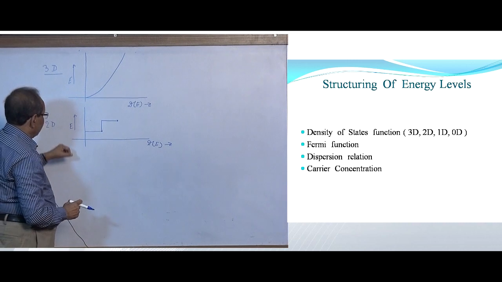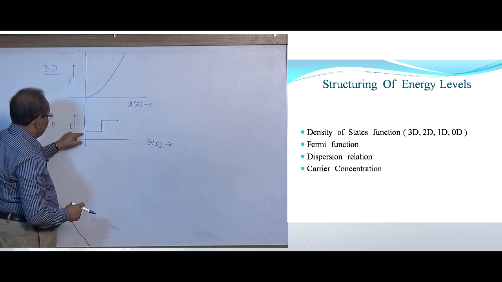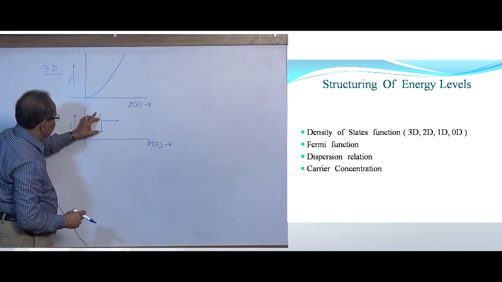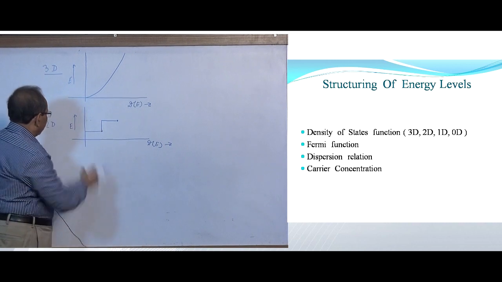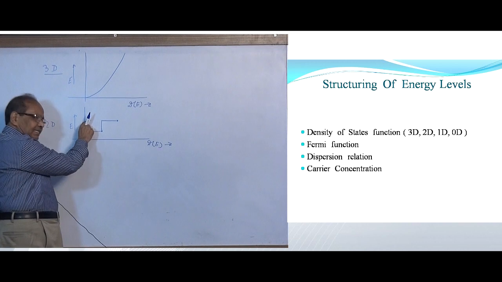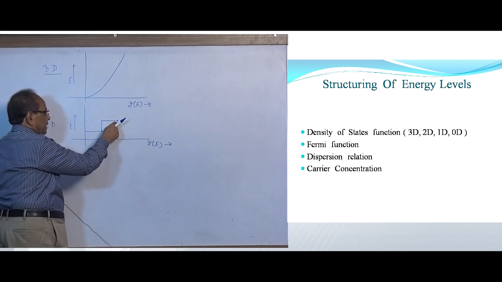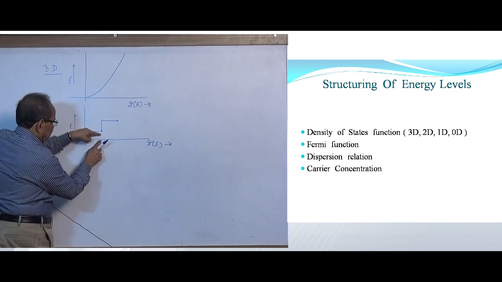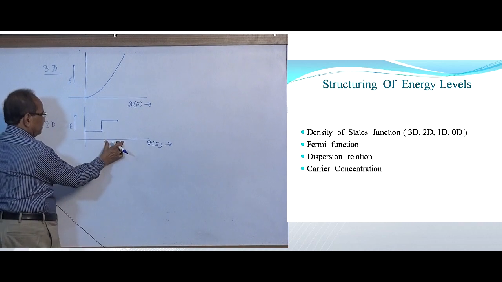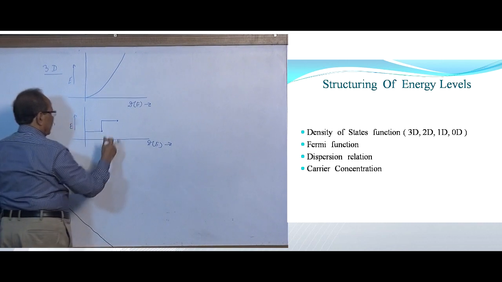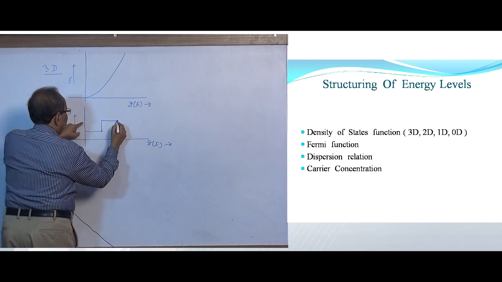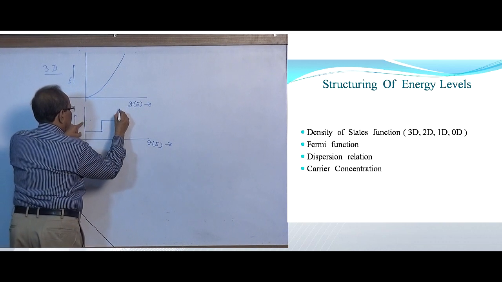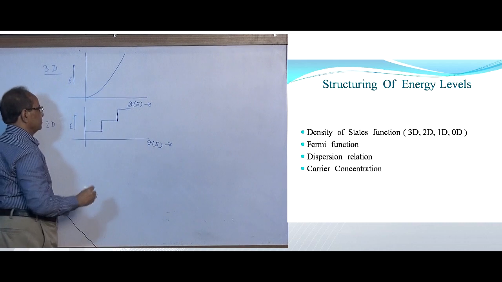So for a range of energy, the density of states is fixed. Now when we arrive at this energy, it jumps to a high value. Density of states, from here it goes to here. Now again jumps and so on, like this.